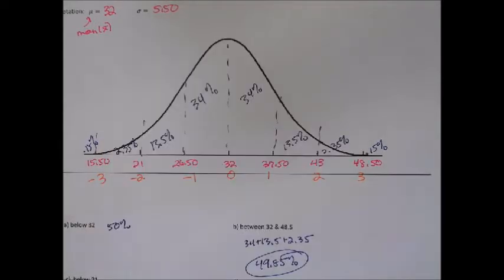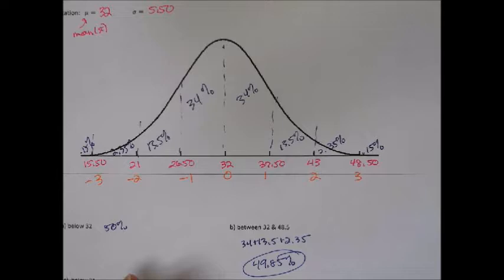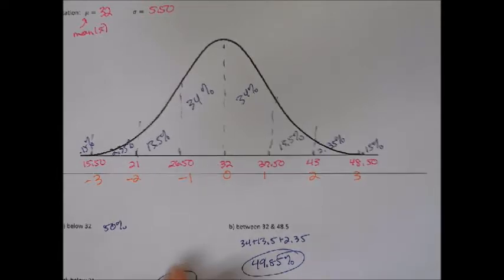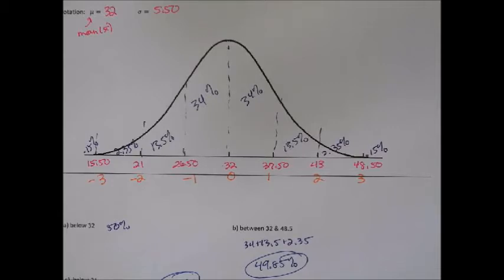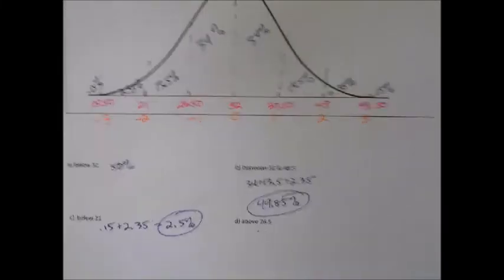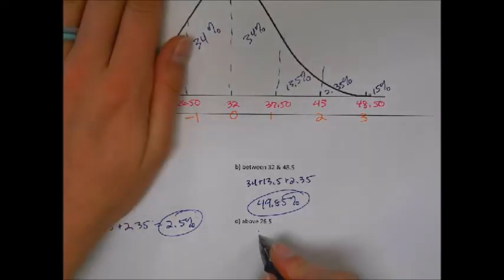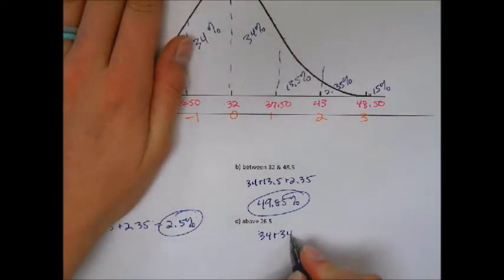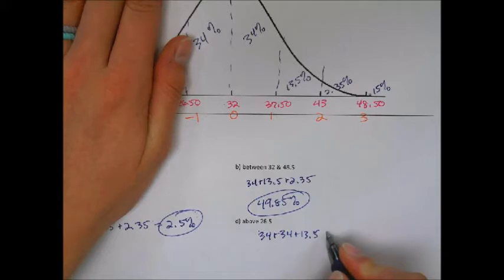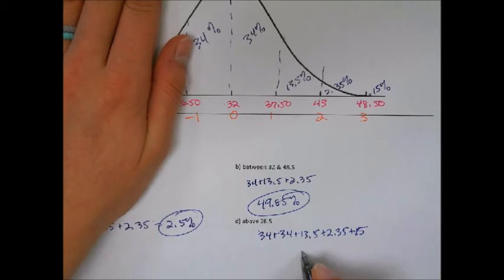Below that, we have 0.15 plus 2.35, which is 2.5%. And then above 26.5. So up here we have 34 plus 34 plus 13.5 plus 2.35 plus 0.15. And that gives us 84%.